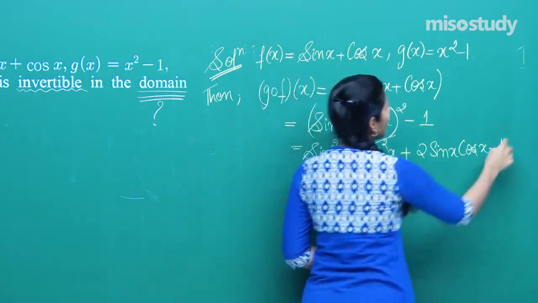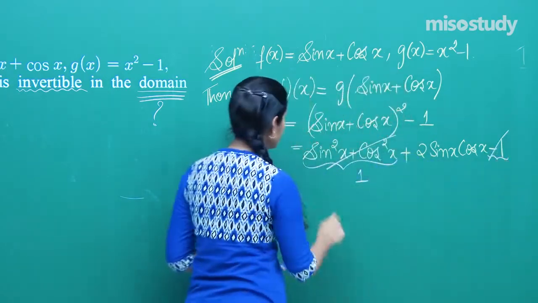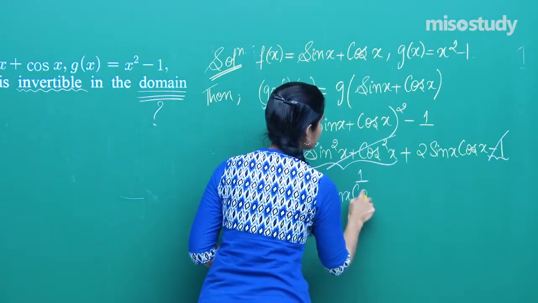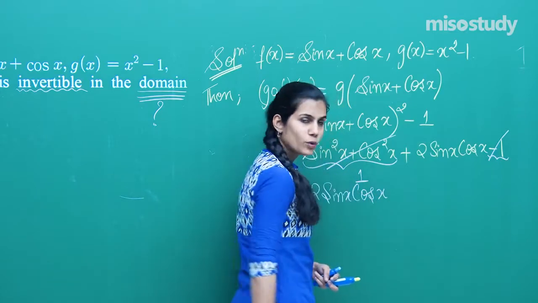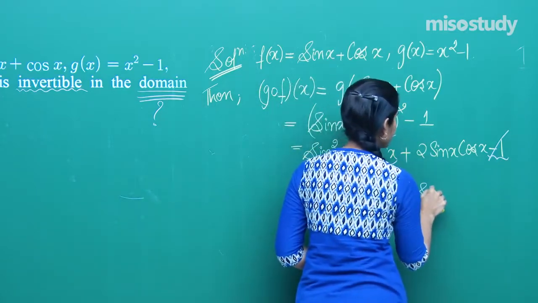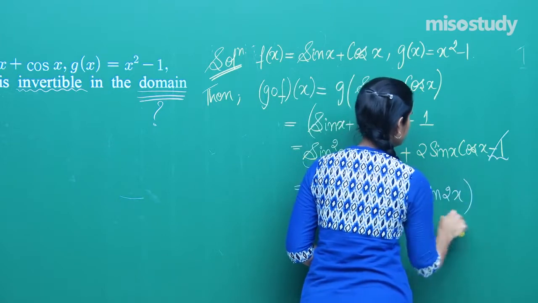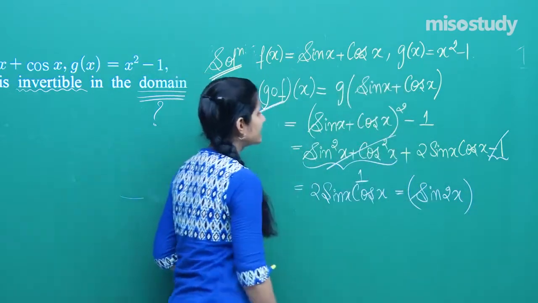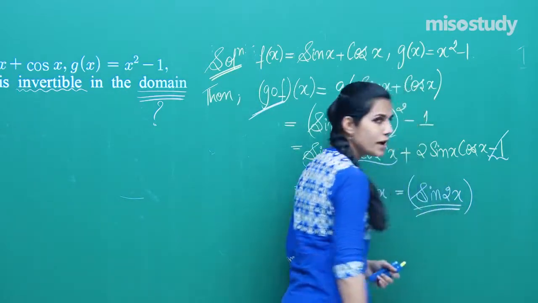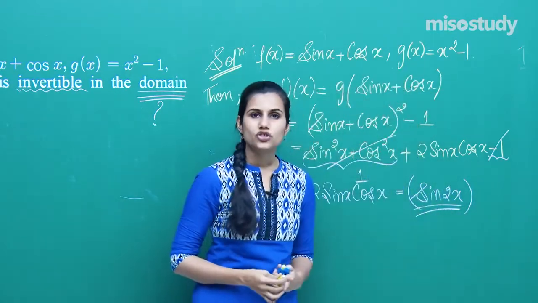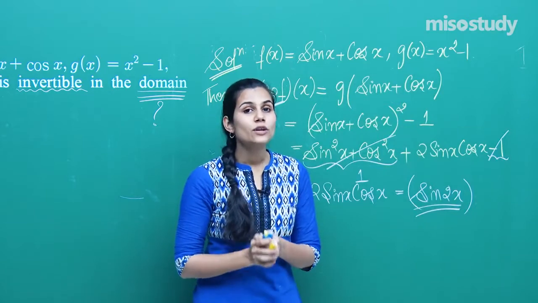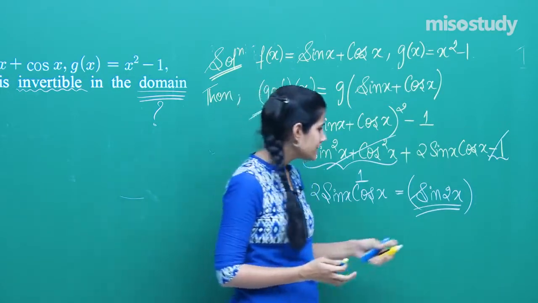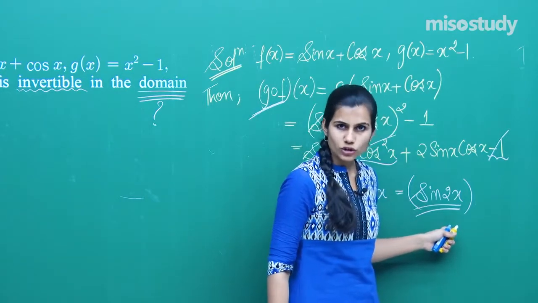So this 1 and this minus 1 get cancelled. You are left with twice of sin x into cos x, which is nothing but the formula of sin 2x. So you have gof(x) coming out to be sin 2x. Where is this function invertible? Invertible in which domain? Which domain is there which is making this function sin 2x one-one and onto?